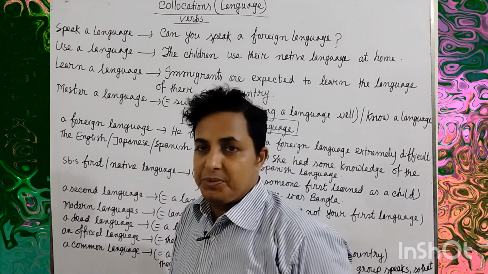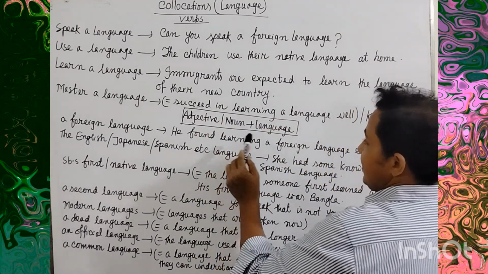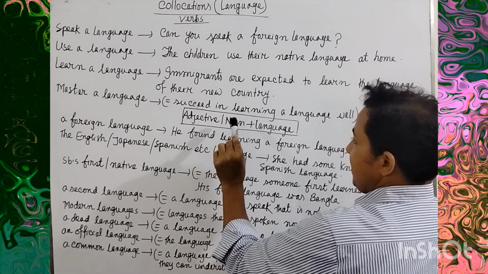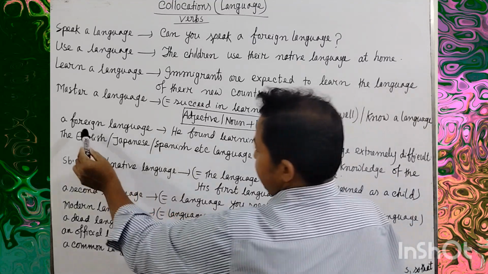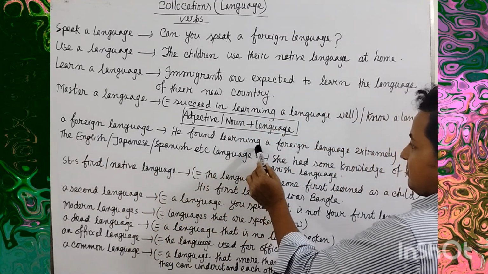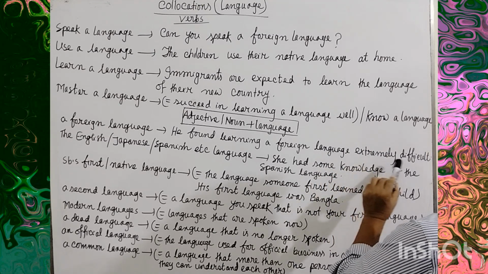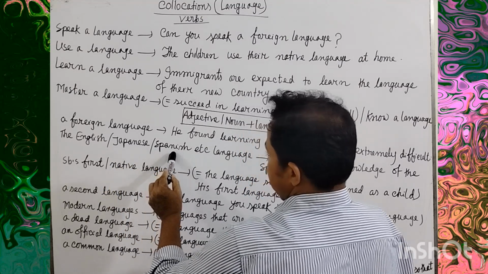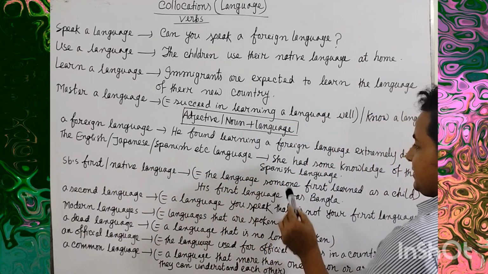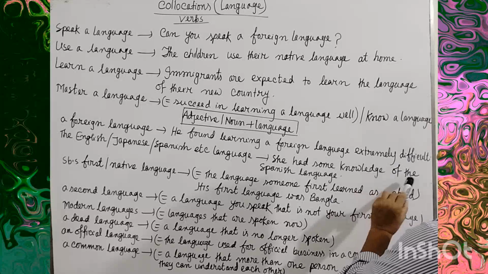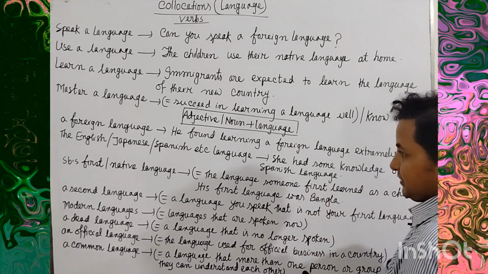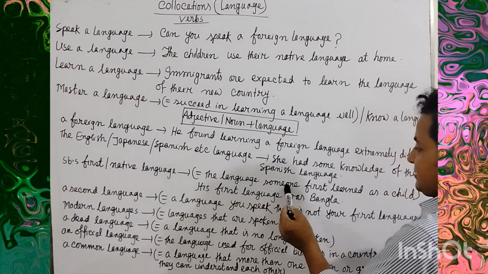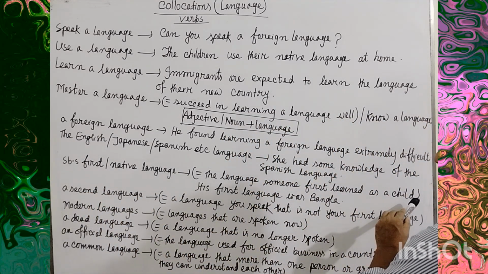Now I am going to show you collocation words with language: adjective or noun plus language. A foreign language. He found learning a foreign language extremely difficult. English, Japanese, Spanish, etc. Somebody's first or native language is the language someone first learned as a child.